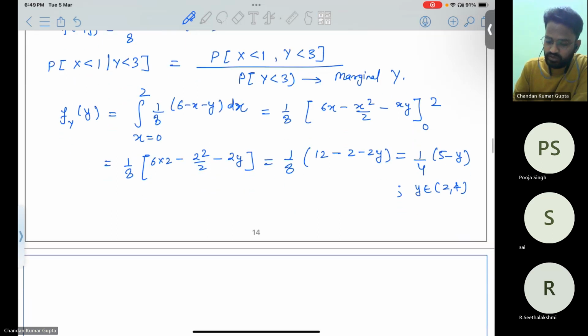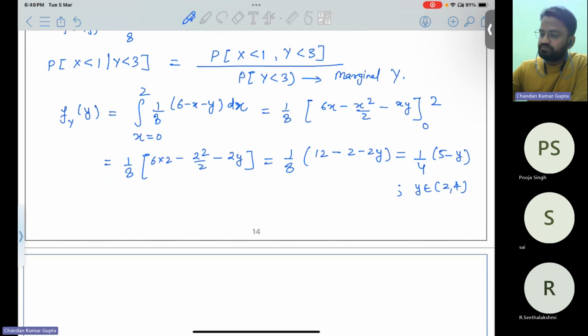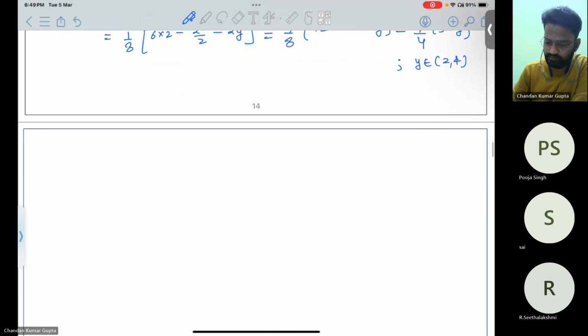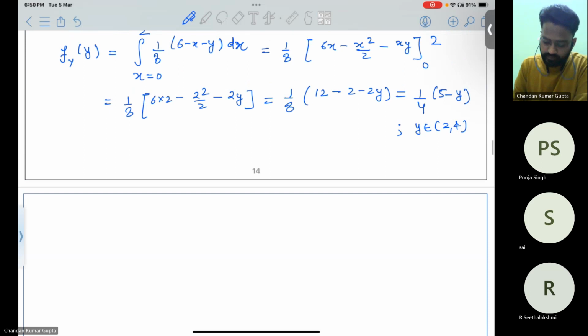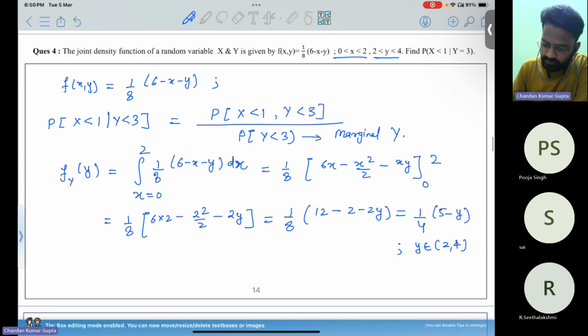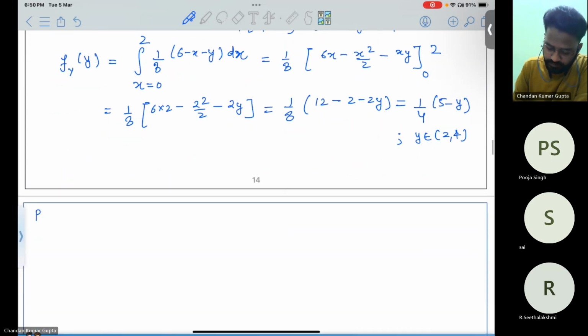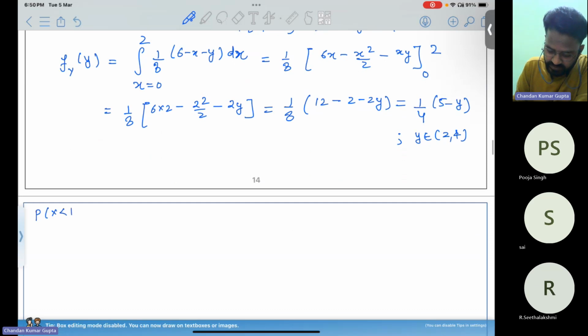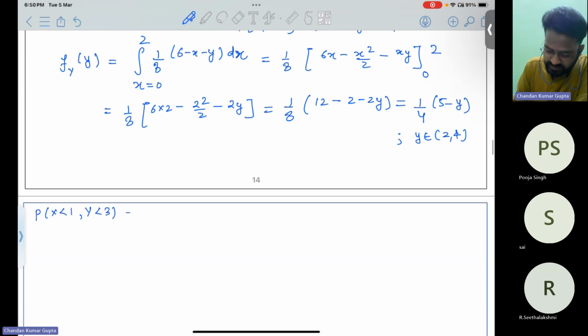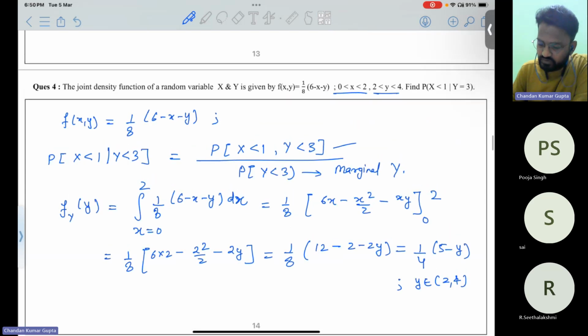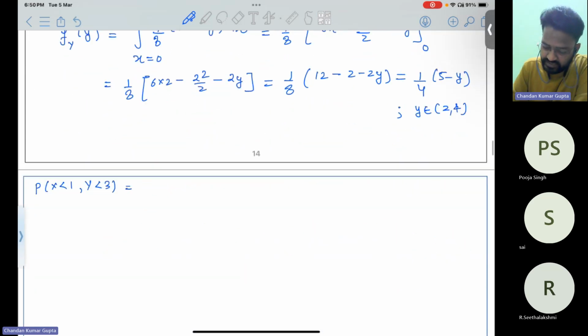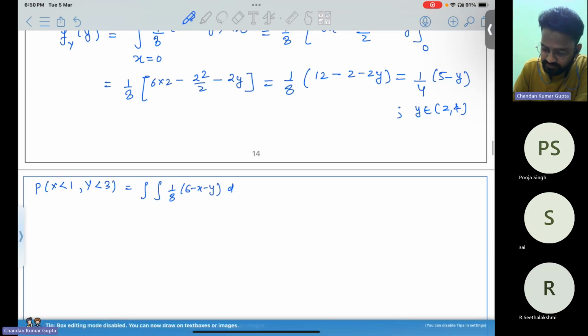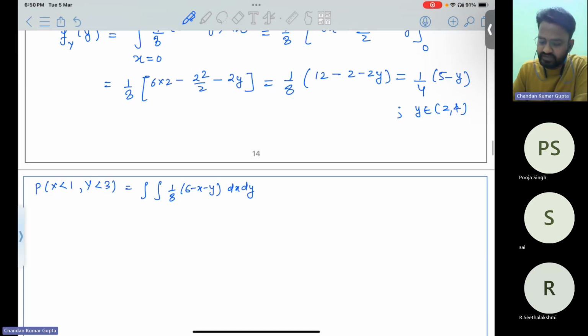Now the numerator value: the probability that x is less than 1 given y is less than 3. The joint PDF is 1 by 8 (6 minus x minus y). That is the double integral of 1 by 8 (6 minus x minus y) dx dy.